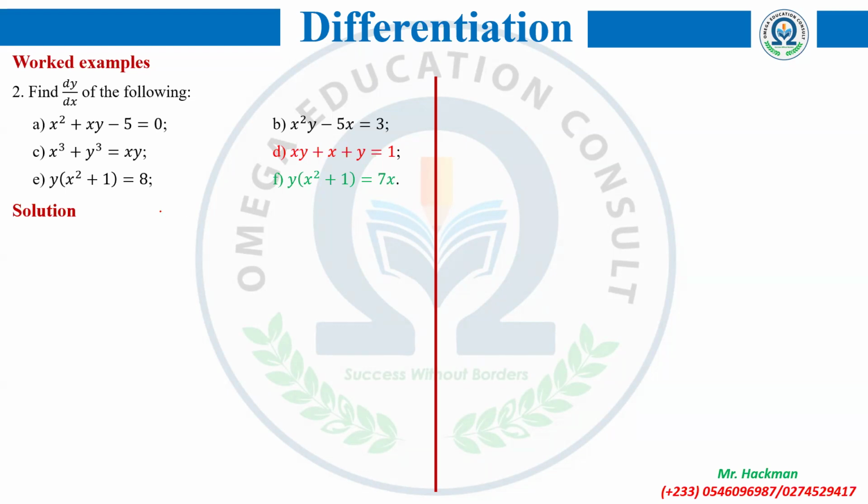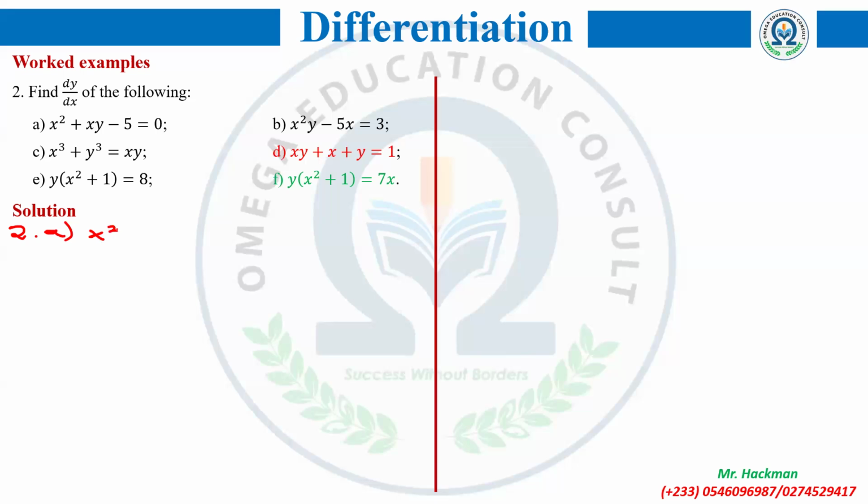As usual, the first thing that you write is Solution. After solution, then the major question number, which is question number 2. Then we come to A. We extract what we are given first. And what are we given?